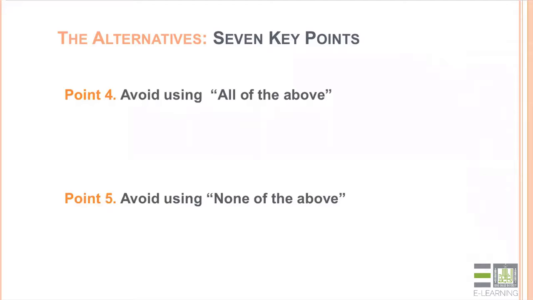The reason for this is, if we look at the reasons for avoiding using all of the above, first of all, when students see this as an option within the list of alternatives, they immediately know either that 2 of the options are correct, so the answer must be all of the above, or if they see that one of the options is incorrect, then they know that the answer can't be all of the above.